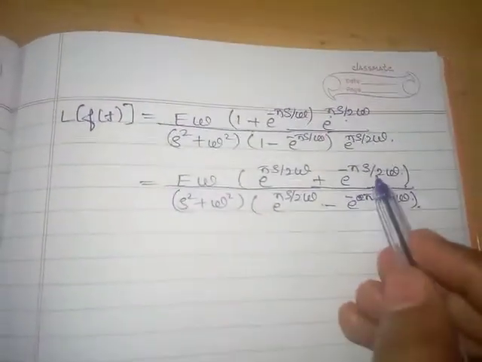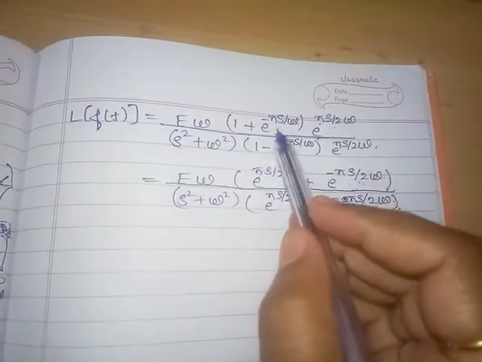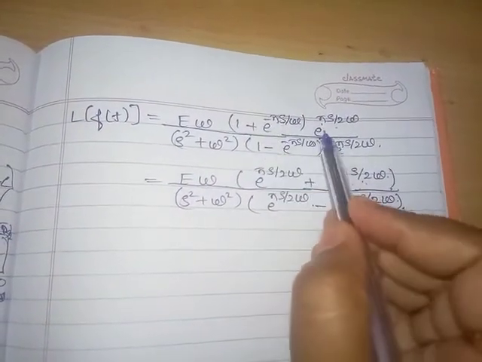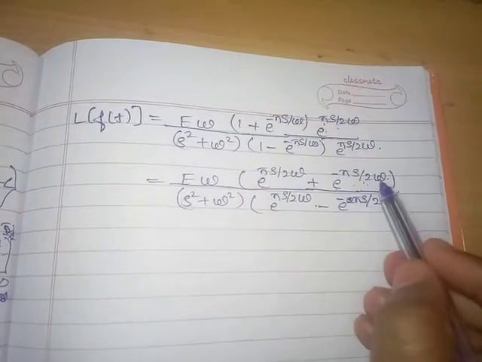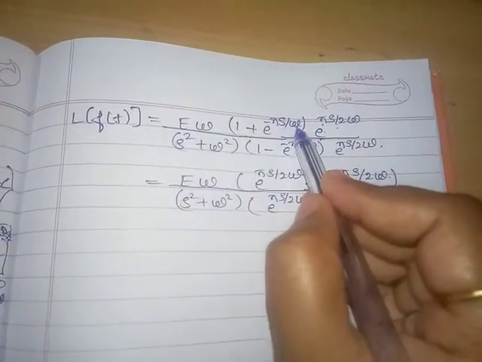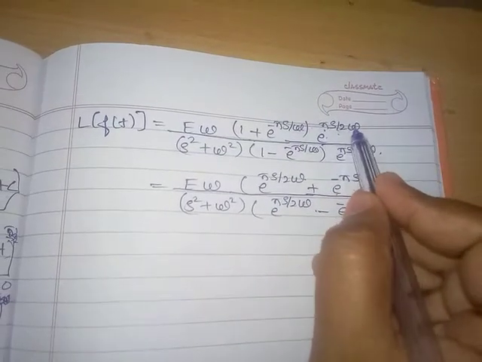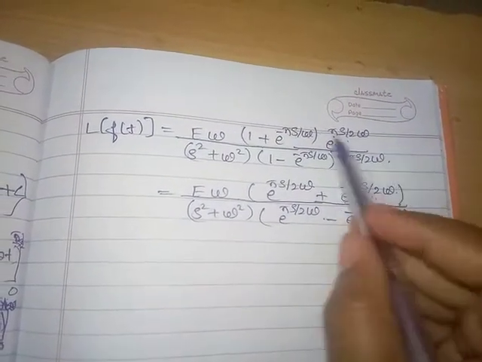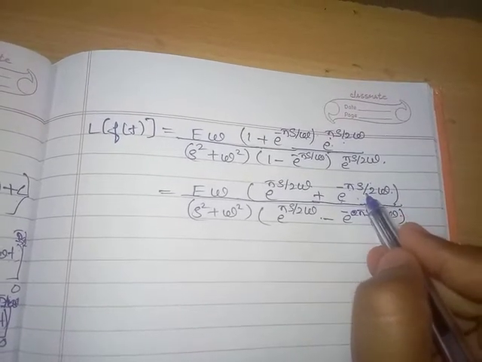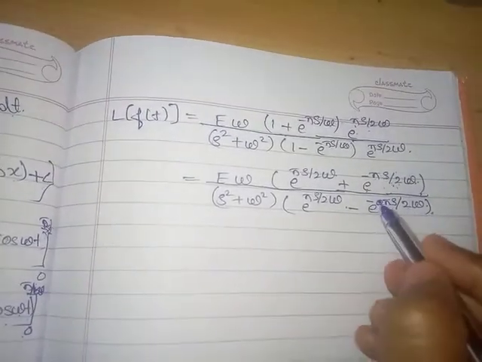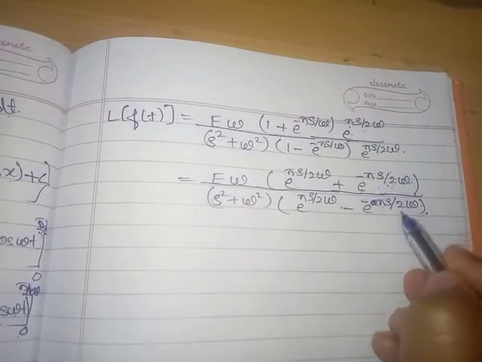To find this value, here bases are same, just add the powers, you get e raised to minus pi s divided by 2 omega, because minus pi s by omega plus pi s by 2 omega, when we take the LCM and simplify, we get e raised to minus pi s divided by 2 omega. Similarly for this one, this is simply pi s divided by 2 omega.